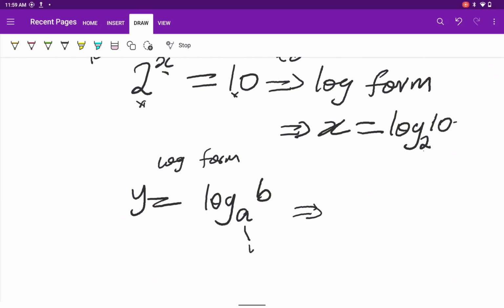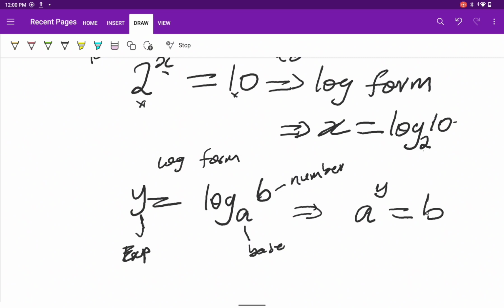Remember, this is the base, this is the number, and this is our exponent. We said a log is actually an exponent. So the base is a, the exponent is y, equals the number which is b. So we can move from log form to exponential form.